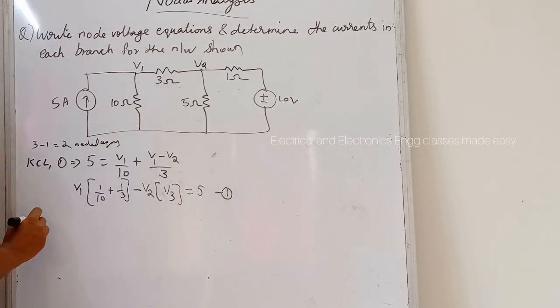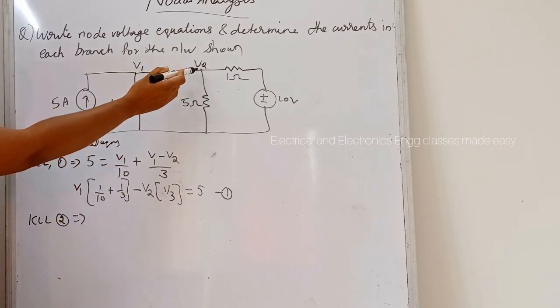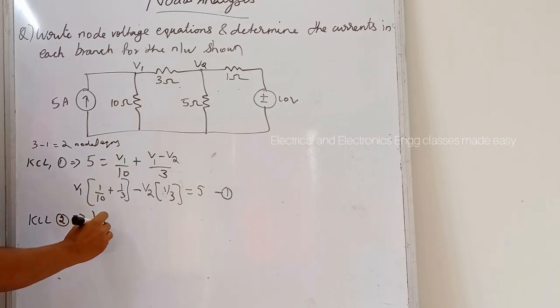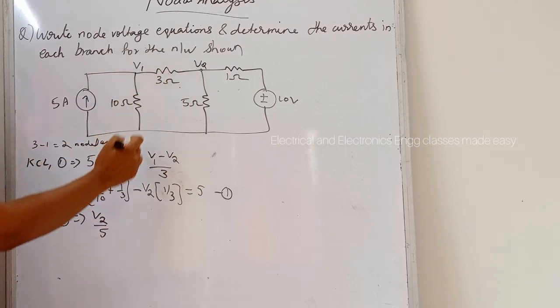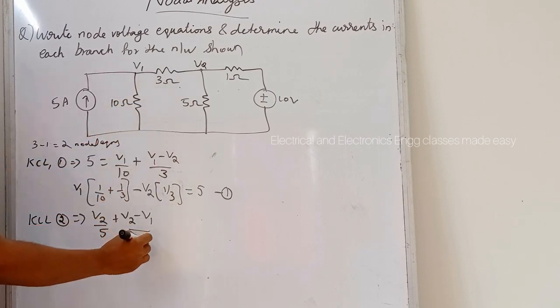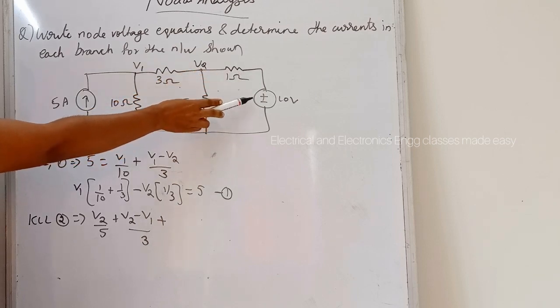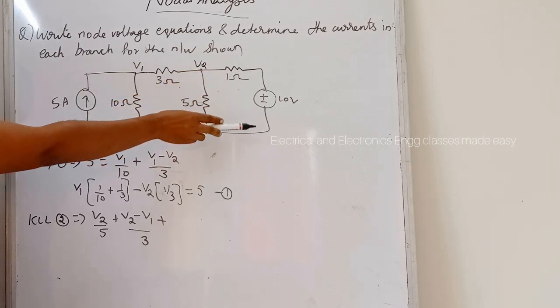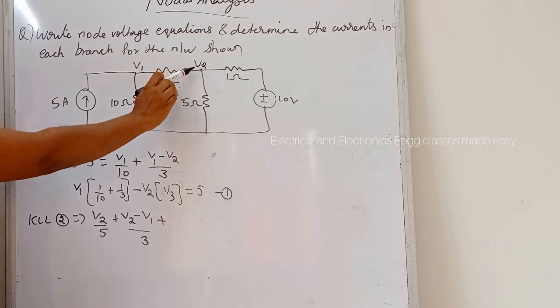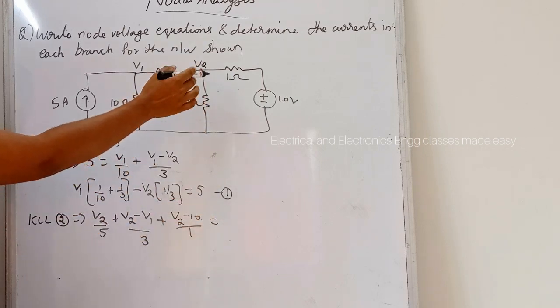Now applying KCL at node 2. At node 2, we will get V2 divided by 5, plus V2 minus V1 divided by 3, plus V2 minus 10 divided by 1, since a negative voltage is there, equal to 0, as there is no current source.